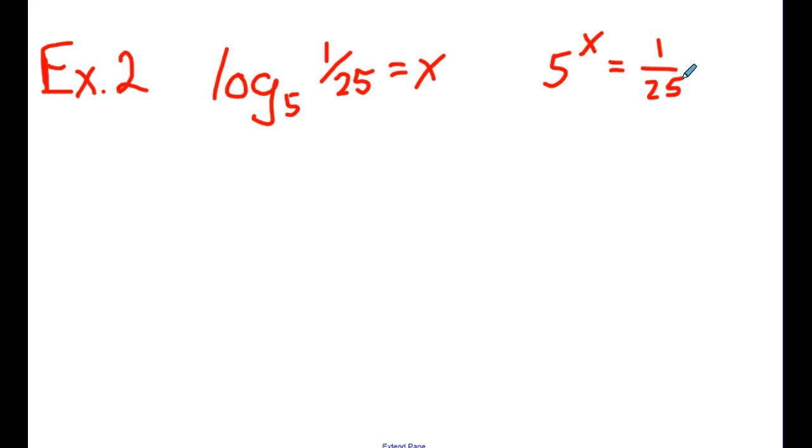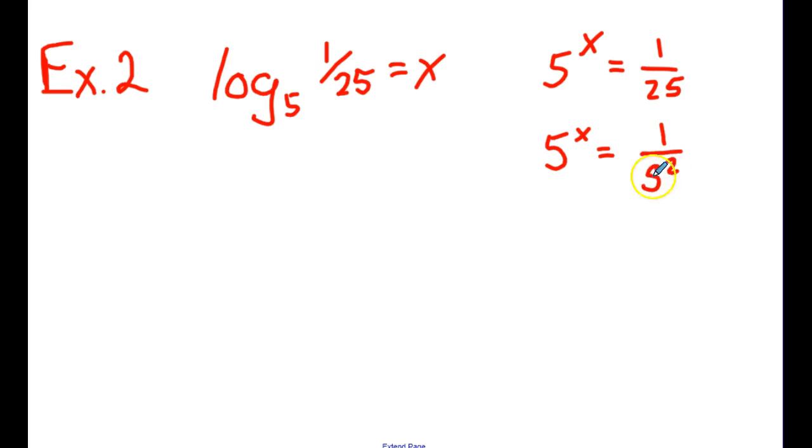Just like we had in the last problem, we want to rewrite it so our base is the same on both sides of the equation. We have to be a little more creative in this problem to get it in that form. We're going to leave the left side the same, and we're going to work with the right side. I know 25 is the same as 5 squared.